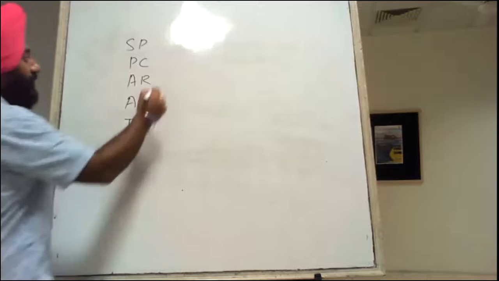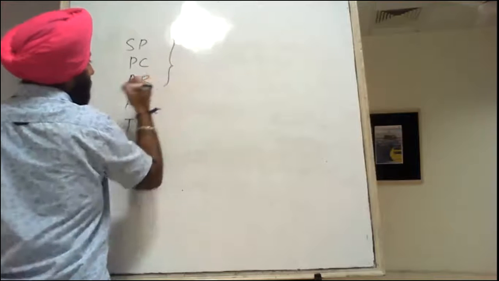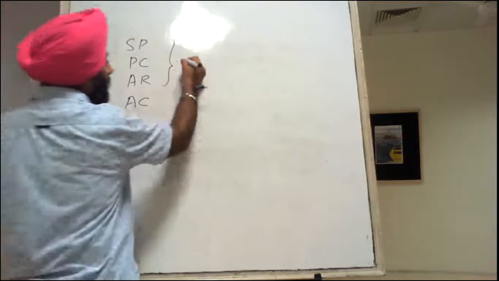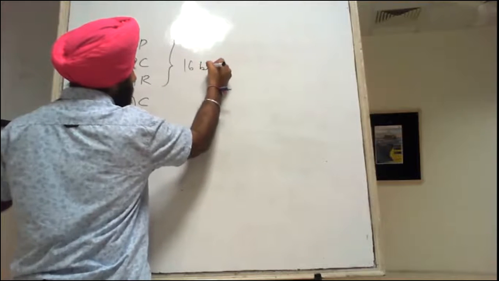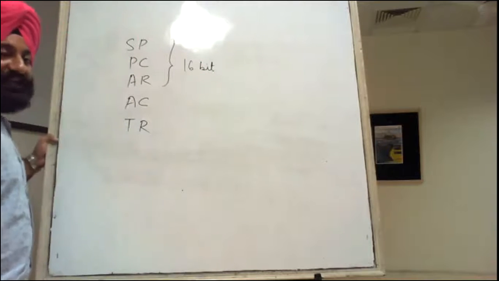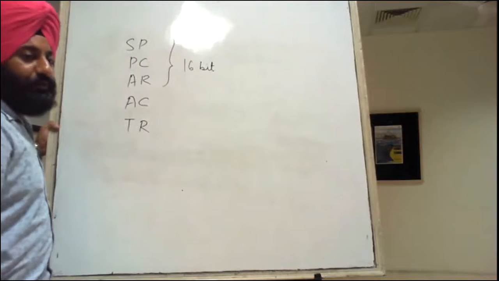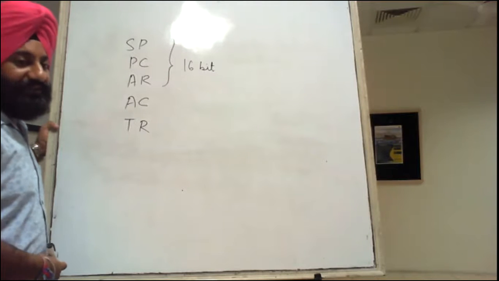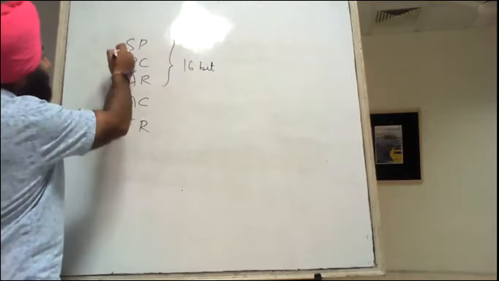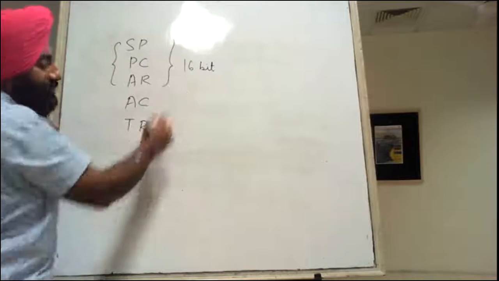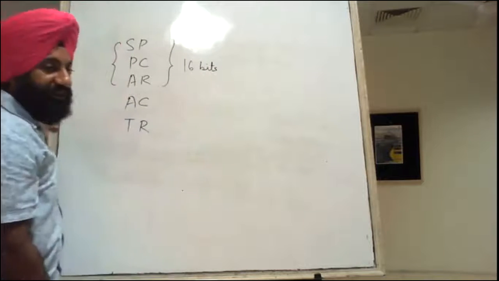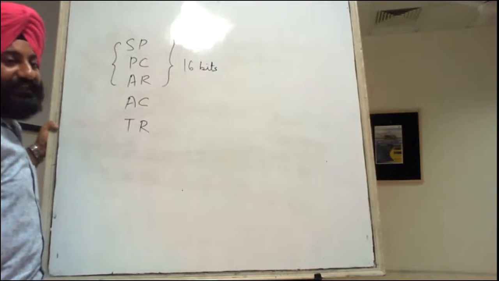SP stands for stack pointer, PC stands for program counter, AR stands for address register. All these 3 registers are of 16 bits each.